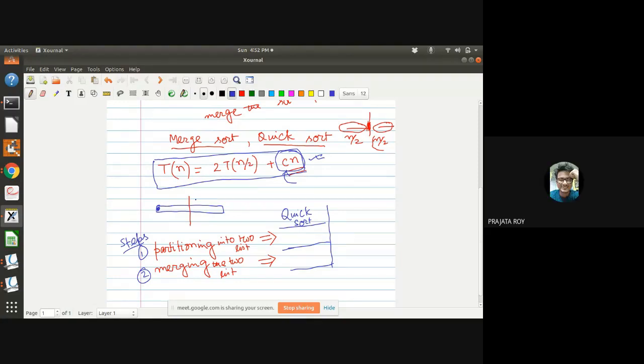Sir, it will take order of n time. Fine, order of n time, because you need to compare the pivot element with all the elements of the array so that you can find its proper position. So it will be O of n time.